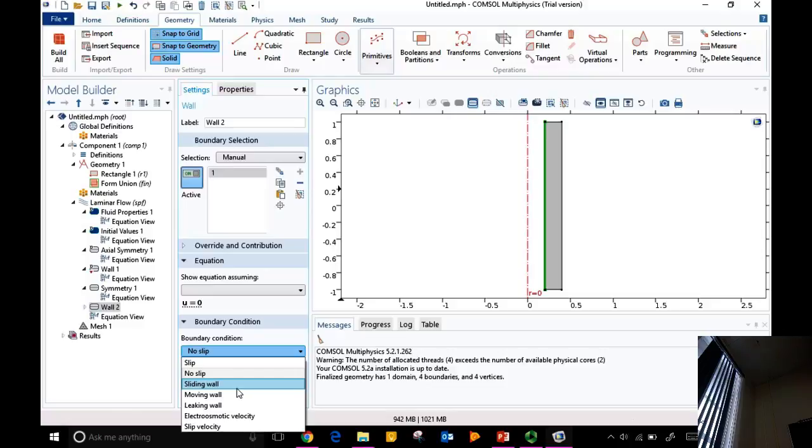What could a leaking wall mean? Porous wall. There's a normal velocity component, right? Now a moving wall would be a piston that moves perpendicular to this. A sliding wall is a tangential motion. But does it still have no slip?